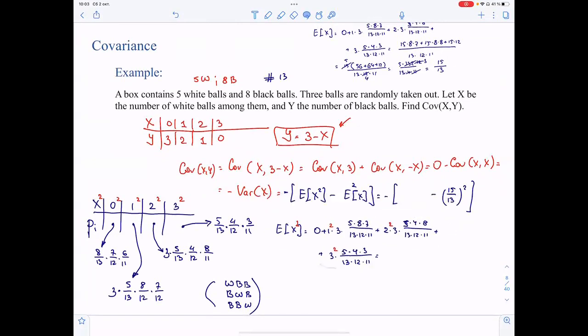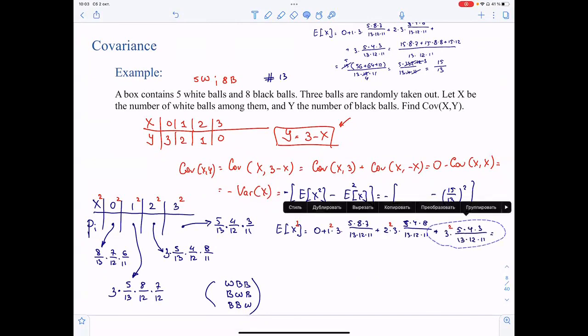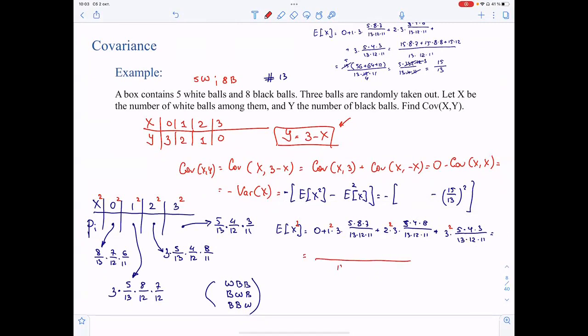I will move it slightly to the right in order to combine it here. And well, then we have a common denominator, 13, 12, 11, 15 times 8 times 7, plus 4 times 15 times 4 times 8, plus 15 times 12 times 3.